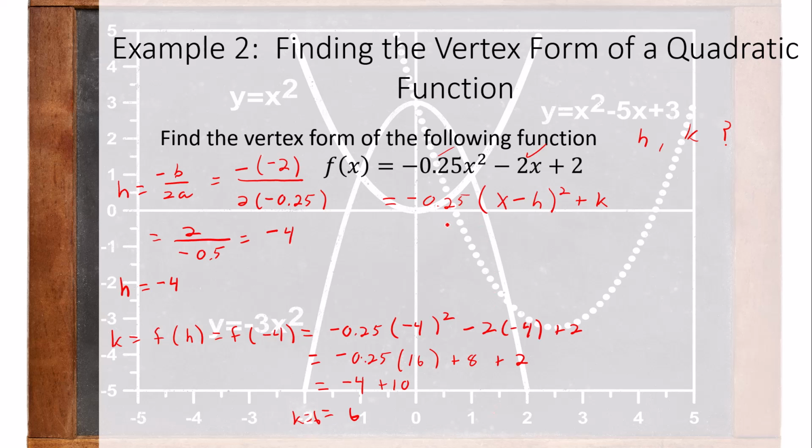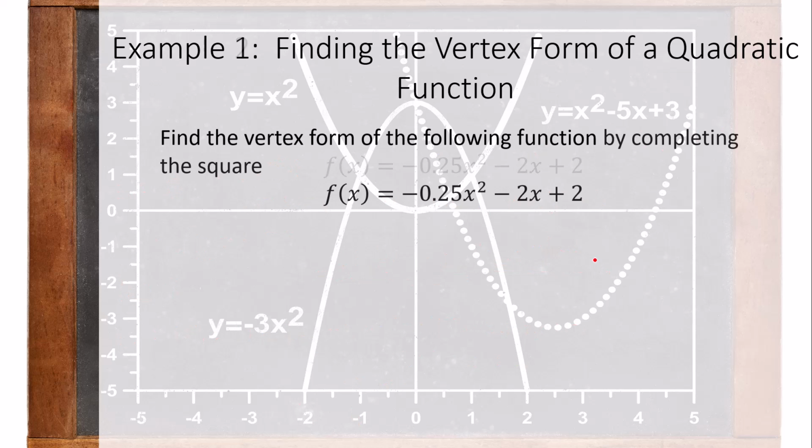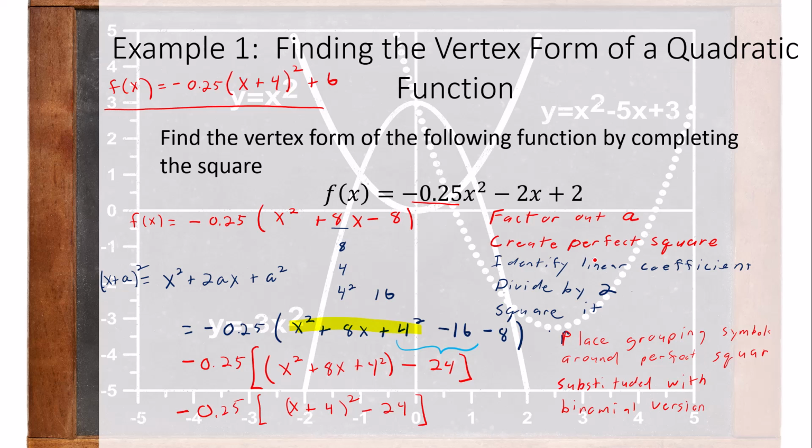So with that in mind, the vertex form of f is going to be equal to negative 0.25 times the quantity x minus negative 4, which is x plus 4, squared, plus 6. Ironically, that's what we got before when we completed the square.